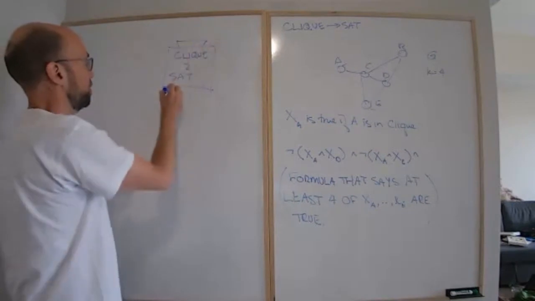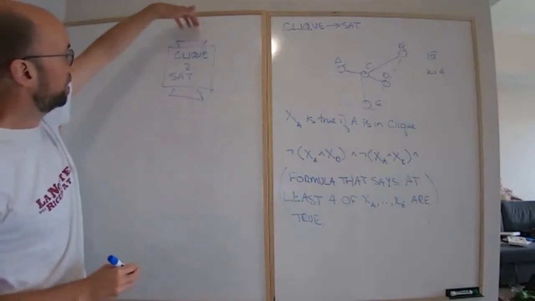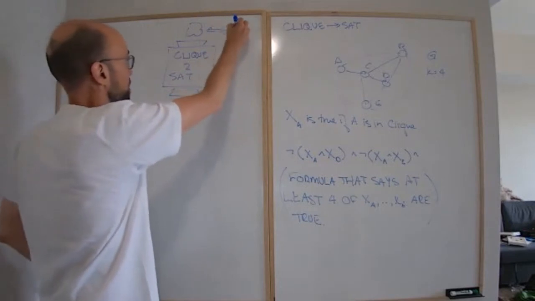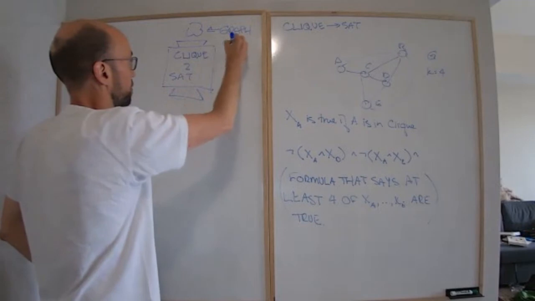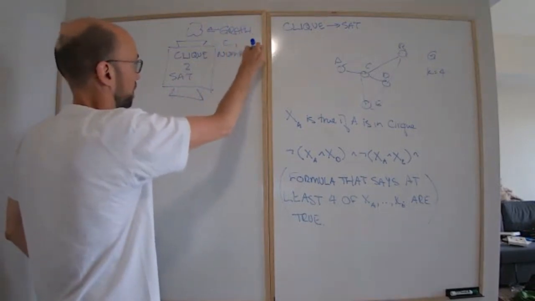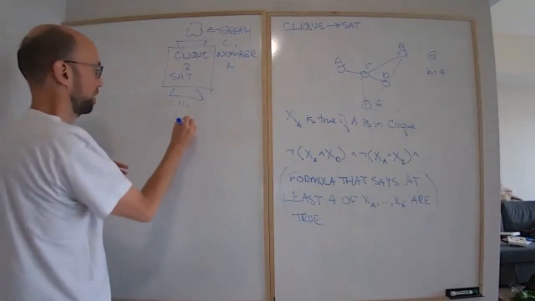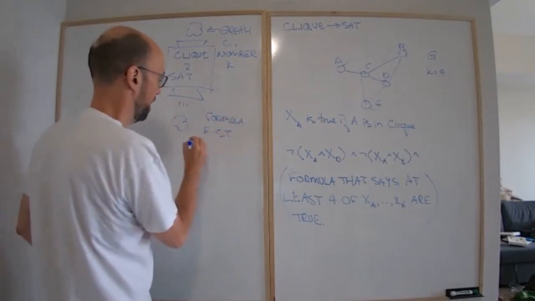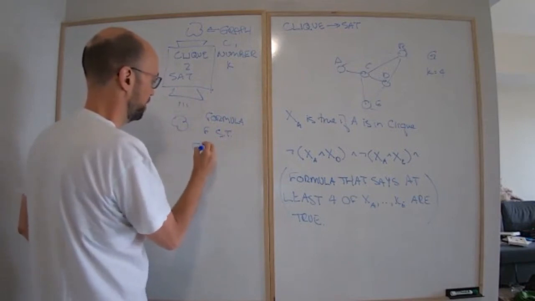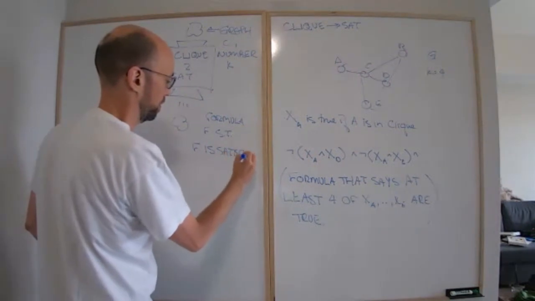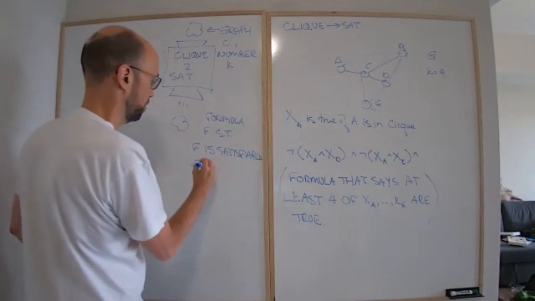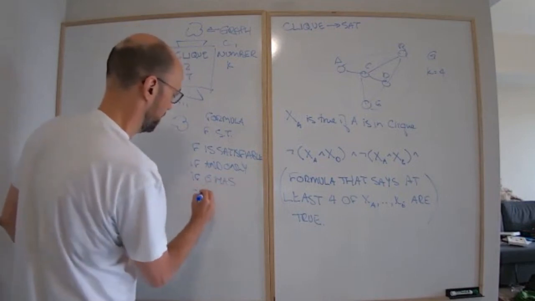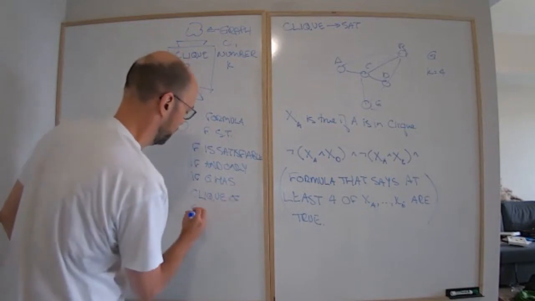So here, if somebody throws in a piece of paper that has an instance of clique on it, a graph G and an integer number K, then what drops out is a Boolean formula F, such that F is satisfiable if and only if G has a clique of size K.